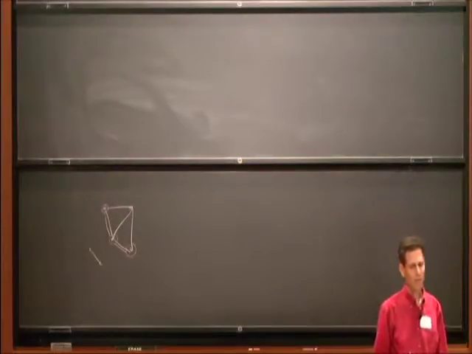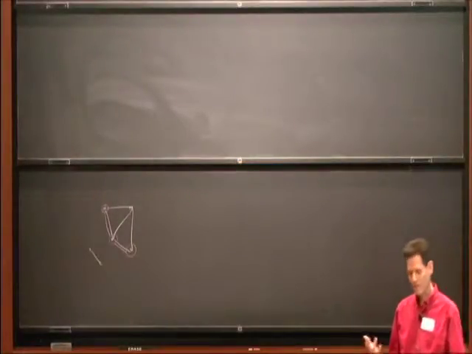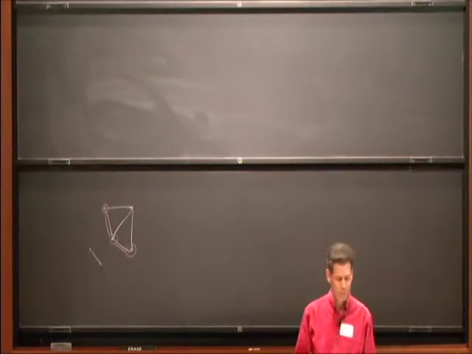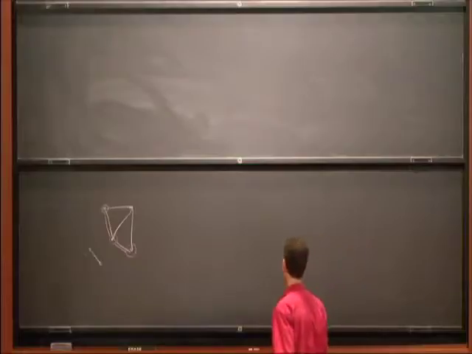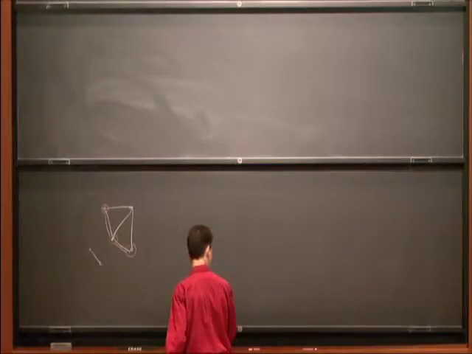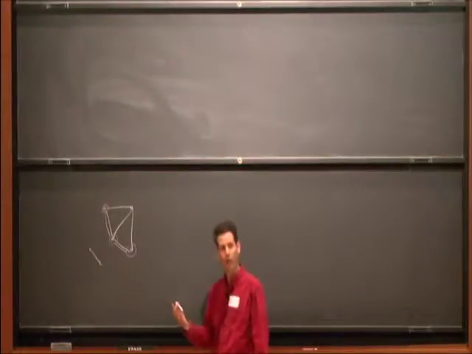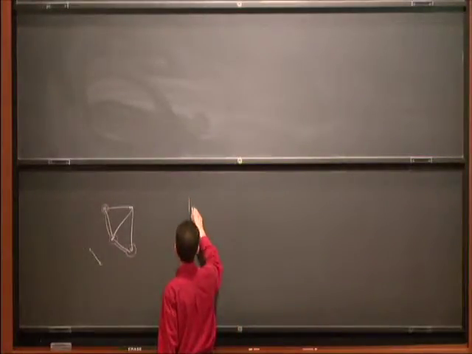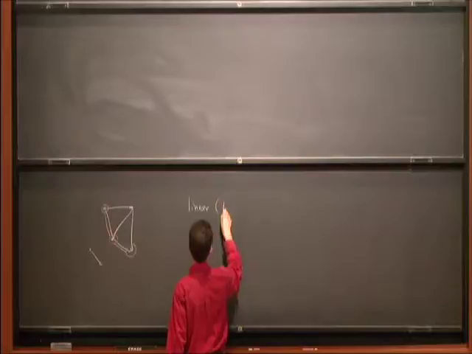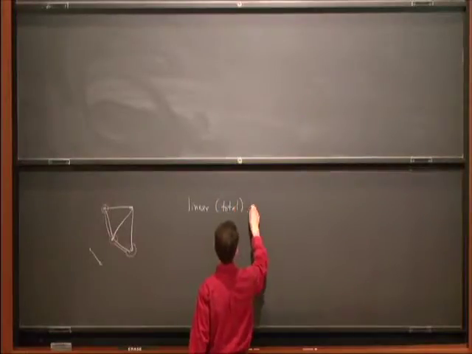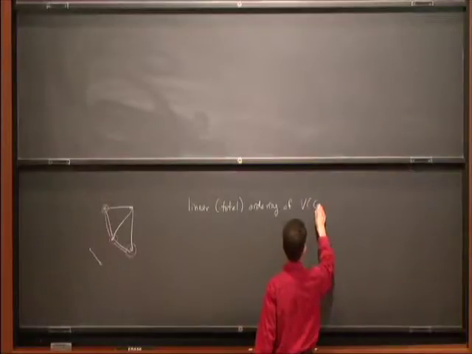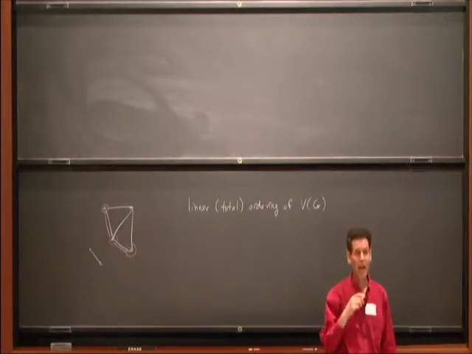All right, now I still need to say what I mean by distinguishing among the vertices. So the way I want to do it is by, first of all, I will allow randomness. But what I want to do at random is pick a linear, in other words, total, ordering of the vertices of G at random.